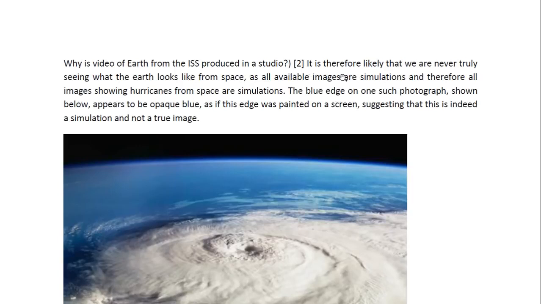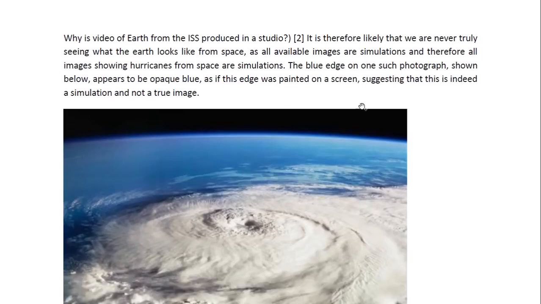It is therefore likely that we are never truly seeing what the Earth looks like from space, as all available images are simulations, and therefore all images showing hurricanes from space are simulations. The blue edge on one such photograph, and this one here, as you can see, looks opaque. It doesn't look real.